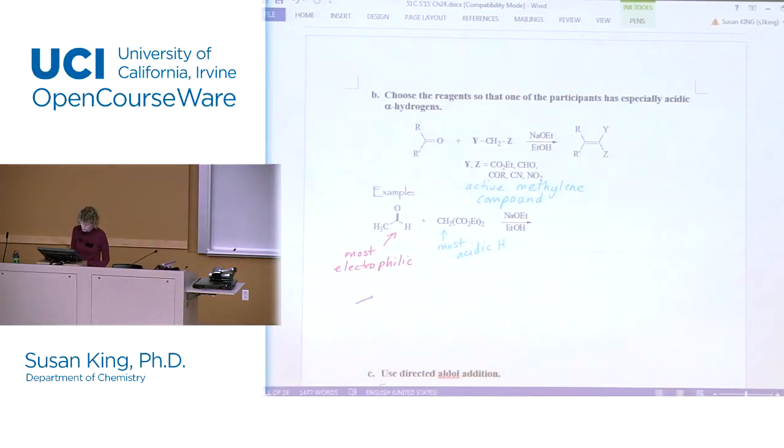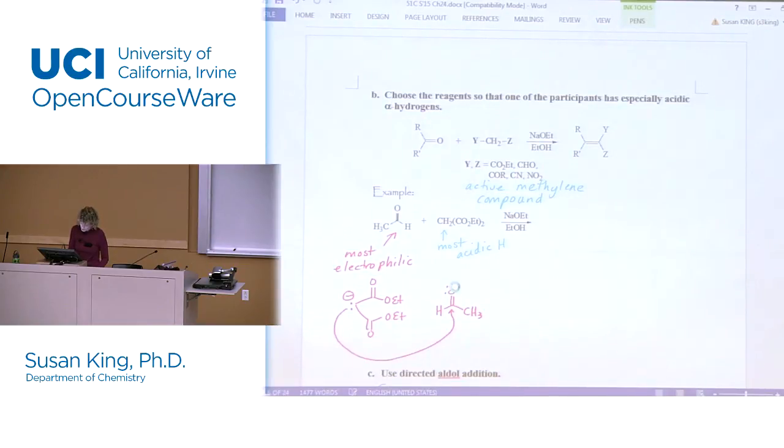So what you're going to do is form this enolate. Remember, with sodium ethoxide, we completely form this enolate. Complete conversion to this enolate. And now we're going to attack the aldehyde.